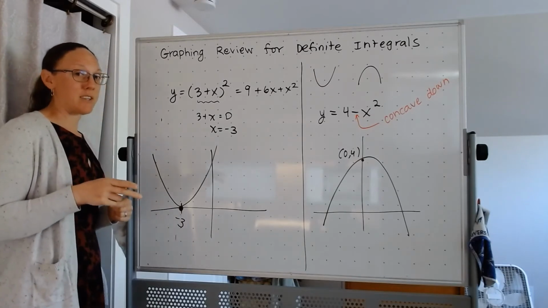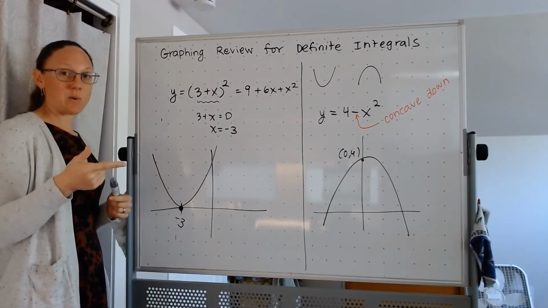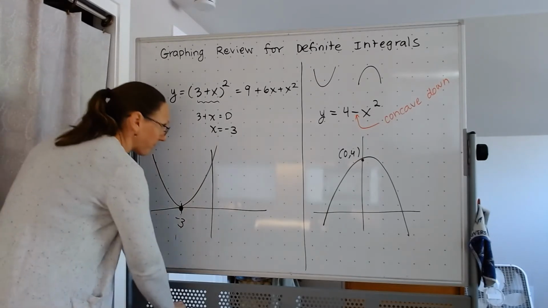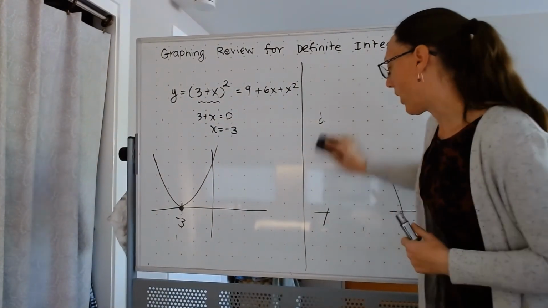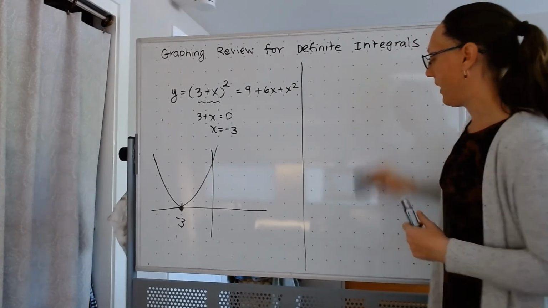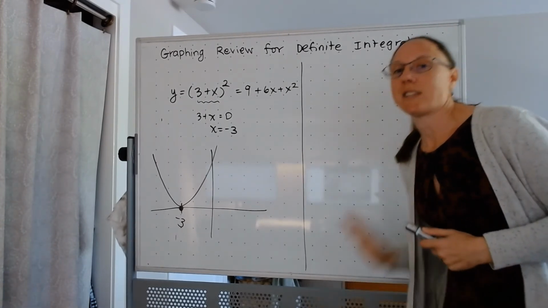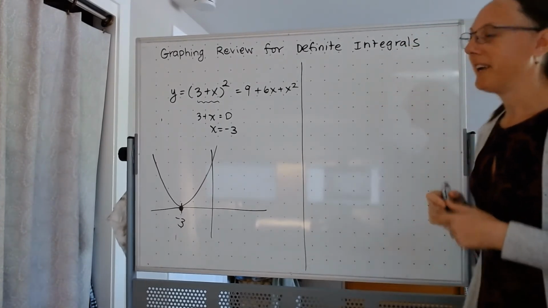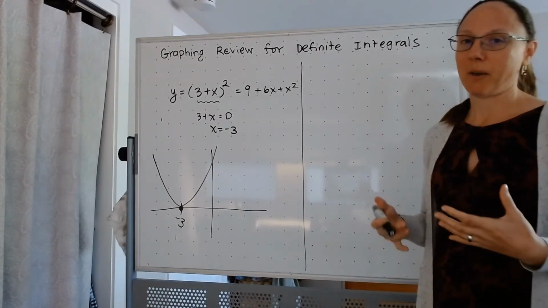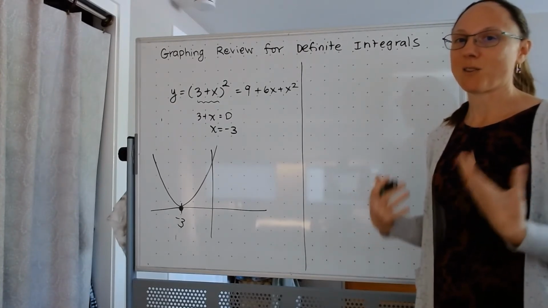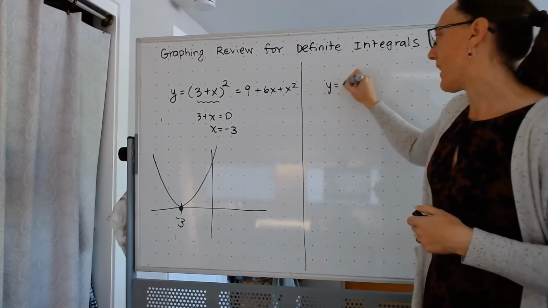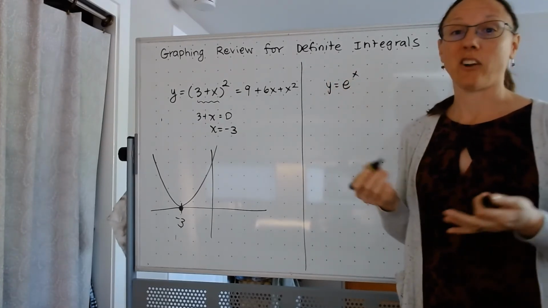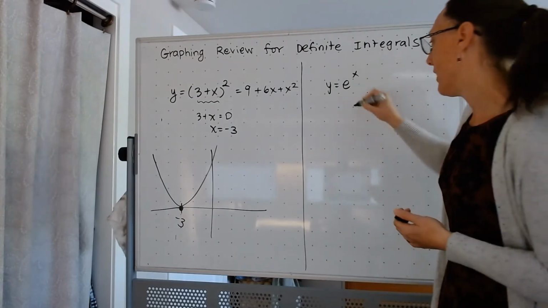A couple more functions that I want to bring up: sine, cosine, and exponentials. We will definitely need more with the graphs for exponentials and log functions when we get deeper into talking about antiderivatives and definite integrals. But for now, just a quick recap: y equals e to the x. It's just a function that you're going to want to memorize the shape of.